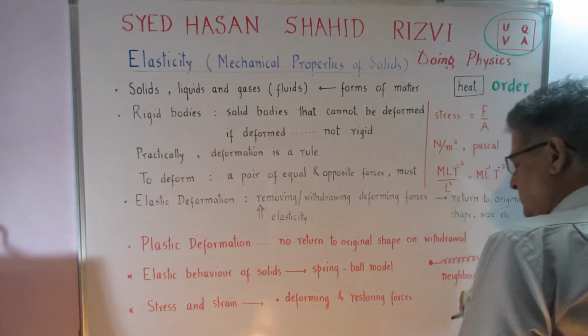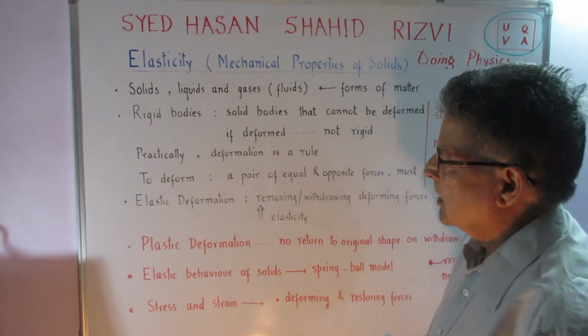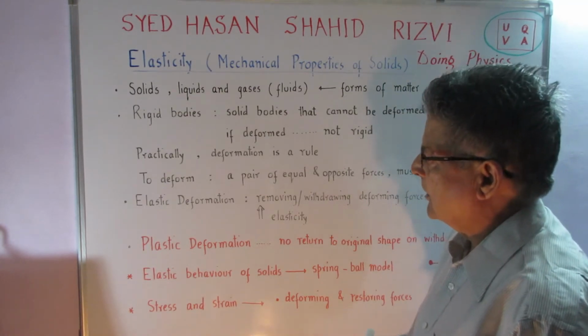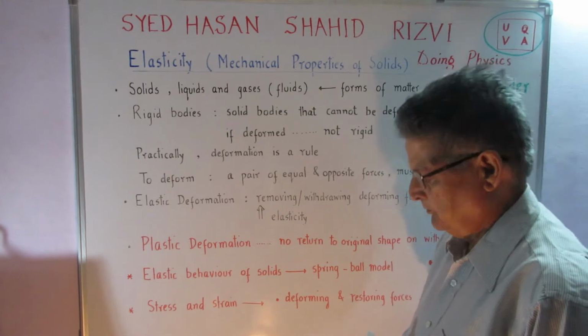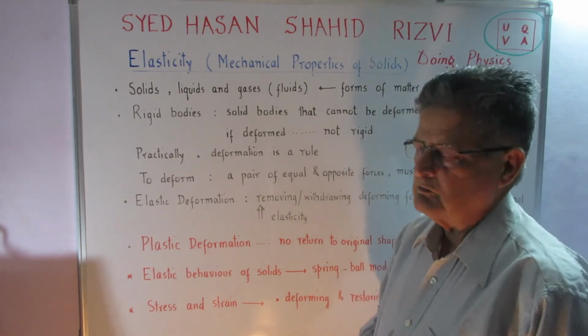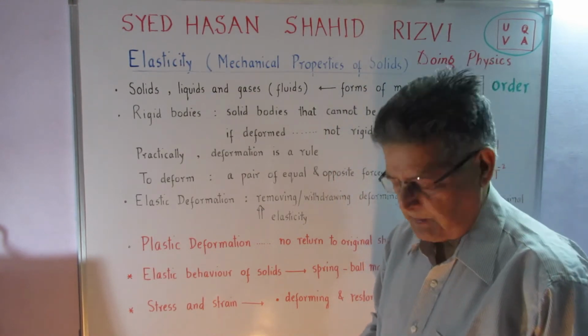Solids are the most ordered system. The liquids follow that level of order, and the gases are the most disordered systems.